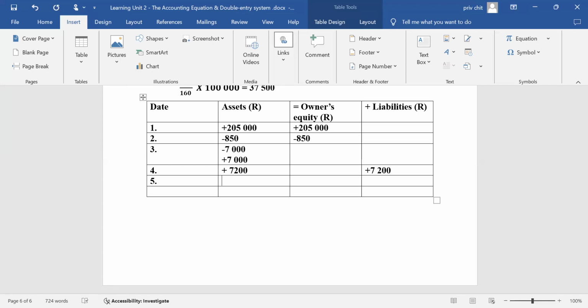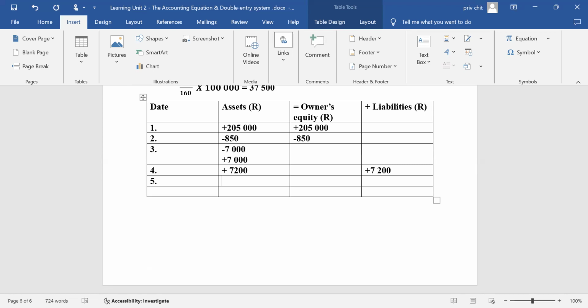Now, in this case, what's happening? If we've made sales, are we receiving cash or are we spending cash? In this case, because we have cash sales of trading inventory at that price, are we receiving cash or are we spending cash?